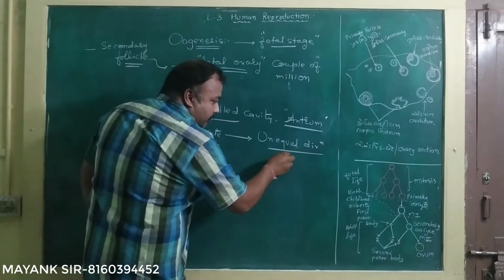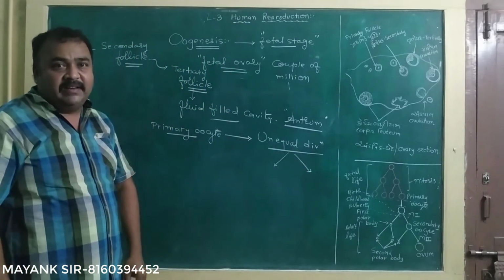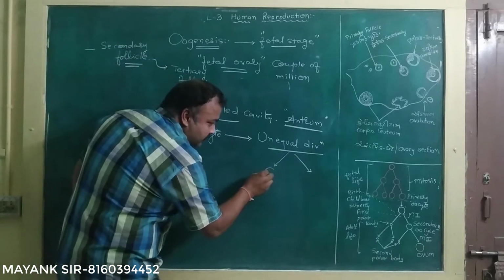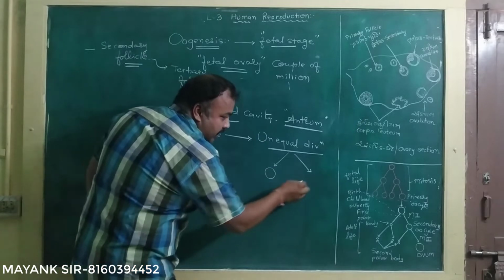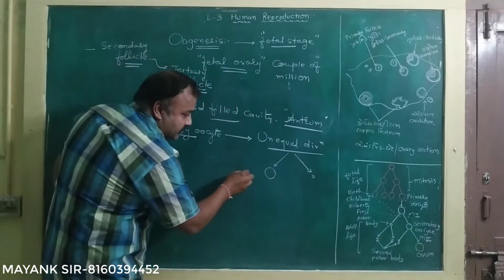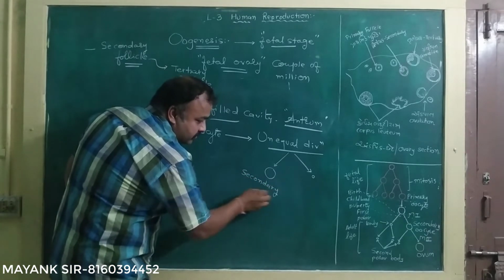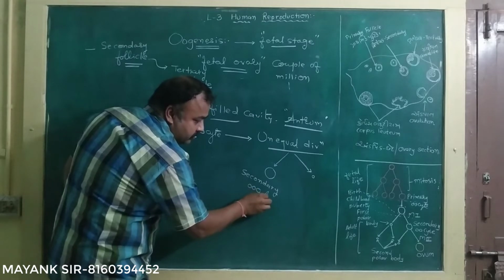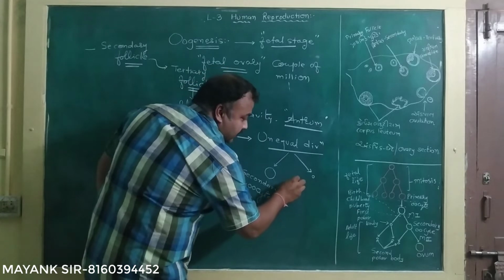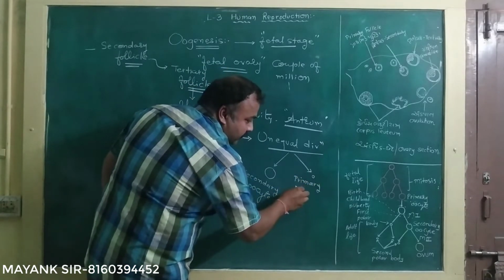As a result, from every primary oocyte, two unequal sized cells are produced. One will be larger, another one will be smaller. The larger one is called the secondary oocyte, whereas the smaller one is known as the primary polar body.